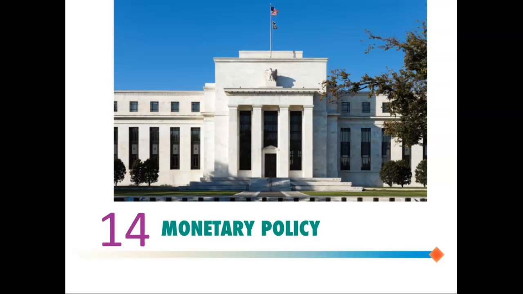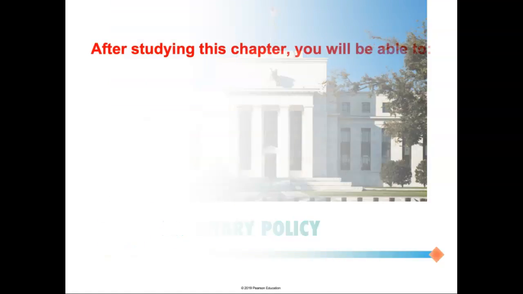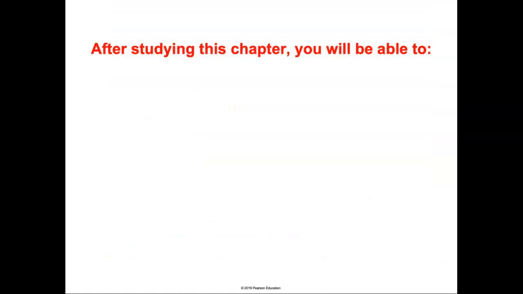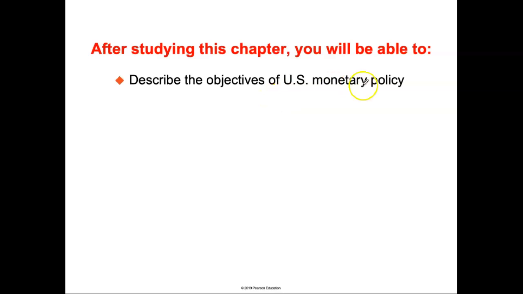Okay. Again, I'll go through the learning objectives because I believe they are really important. The first thing we'll look at in this chapter is to describe the objectives of monetary policy, right? So what is the goal of monetary policy? Why should the Fed or the United States government have some objectives or set a goal for monetary policy?